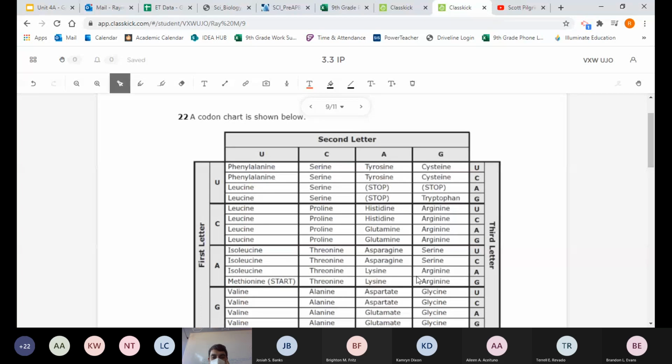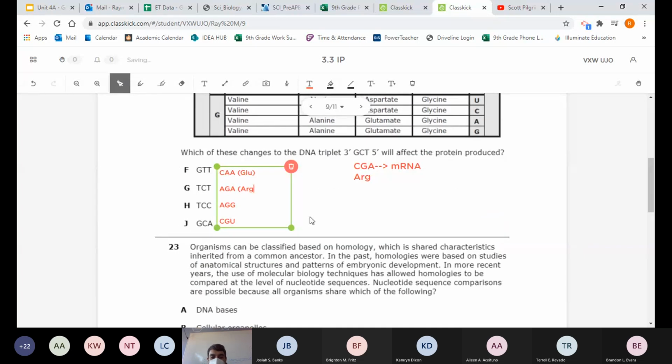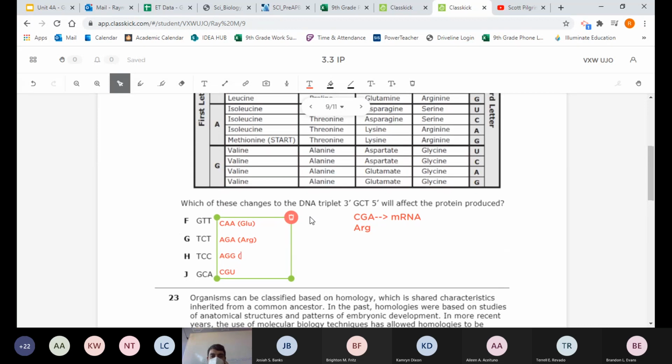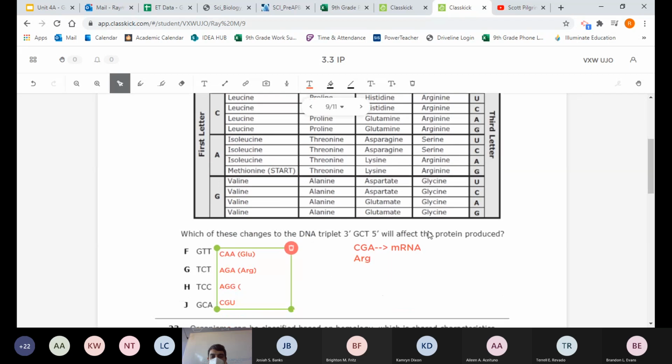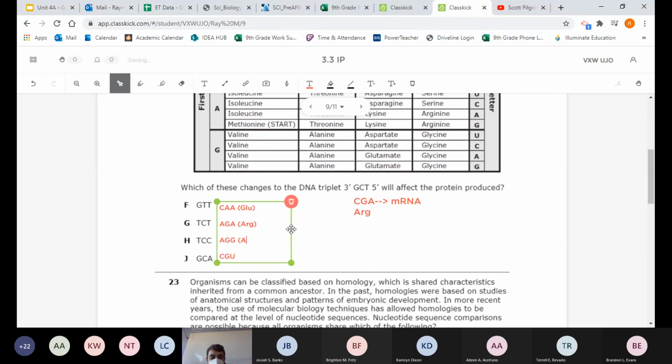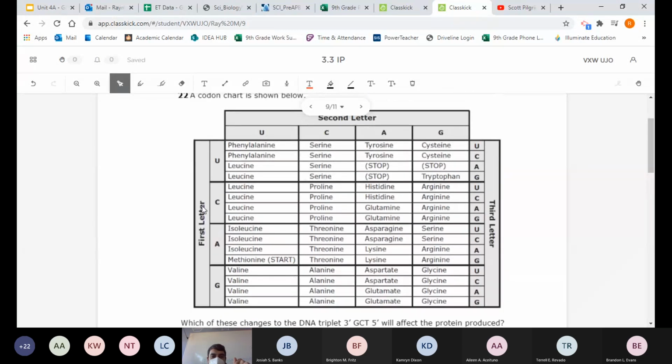AGA, arginine, that checks out. AGG, arginine. And last but not least, CGU, I think we all know what it's going to be, assuming we did it right.